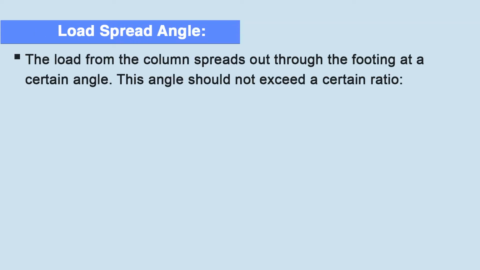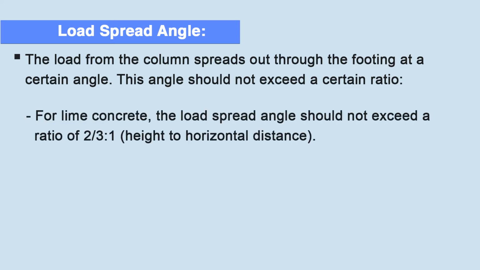Load spread angle. The load from the column spreads out through the footing at a certain angle. This angle should not exceed a certain ratio. For lime concrete, the load spread angle should not exceed a ratio of 2/3:1, that is height to horizontal distance ratio.